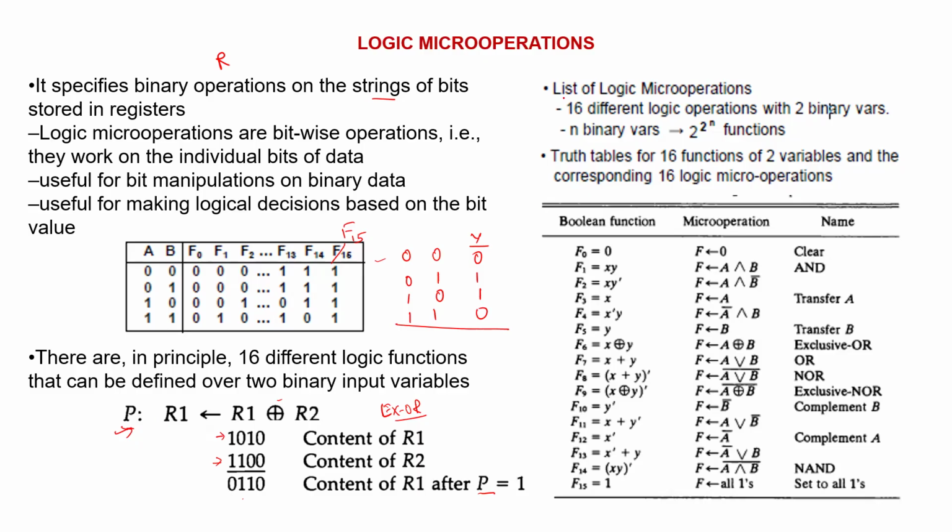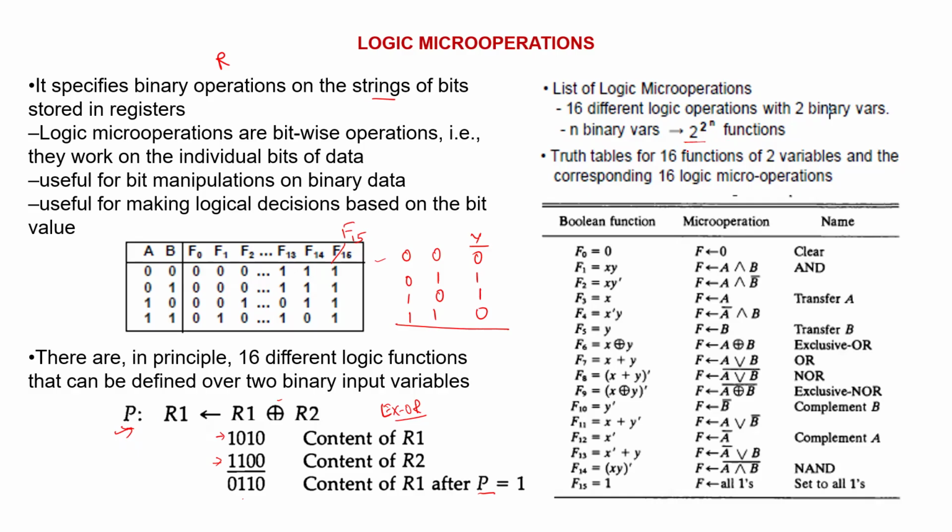Now this list of logic microoperations is made with the help of two binary variables. If you have n binary variables, how many functions are possible? The number of functions will be 2 to the exponent 2 to the exponent n.